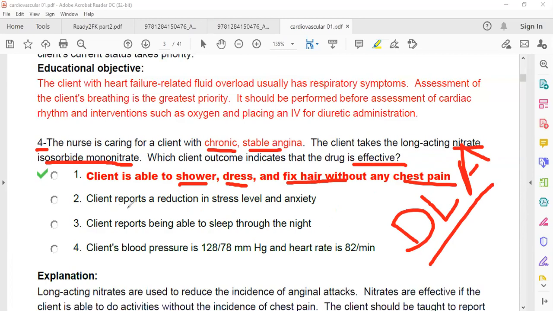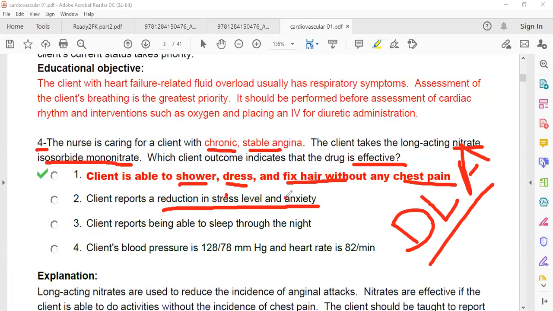Number 2, the client reports reduction of stress and anxiety. It is not related to anxiety or stress. Isosorbide mononitrate does not have a role in stress or anxiety.